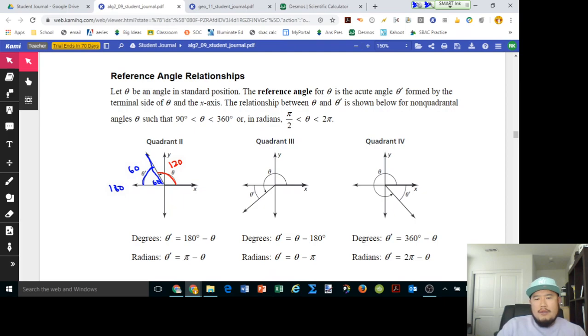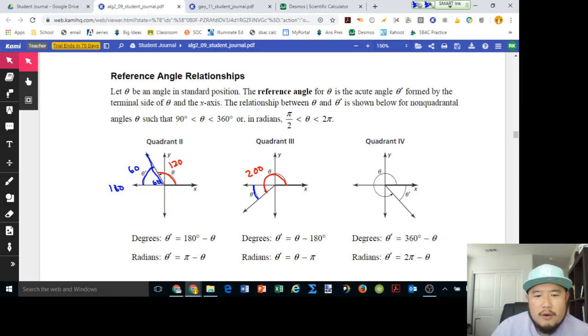So if we go to quadrant 3, let's say that the angle given right here, let's just go ahead and put that one as, let's say 200 degrees. Okay, so from here to here is 200, then my reference angle is going to be from the terminal side right here to the x-axis.